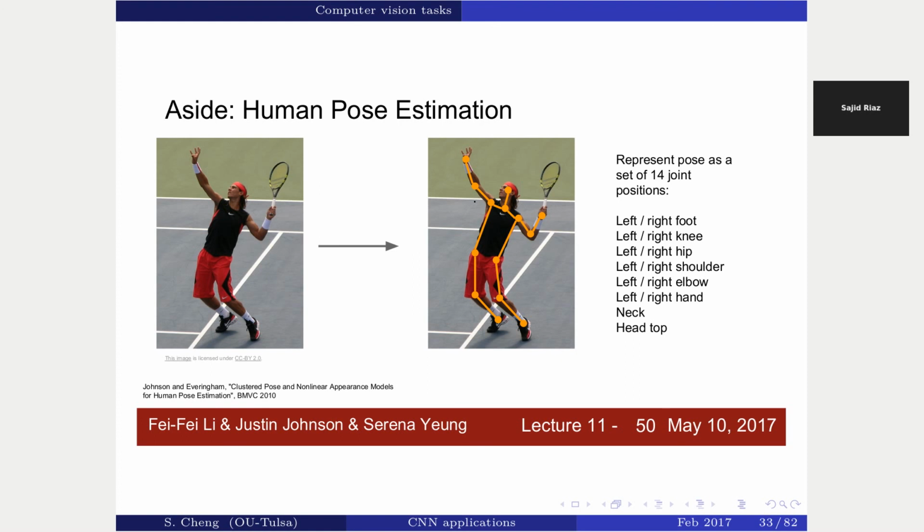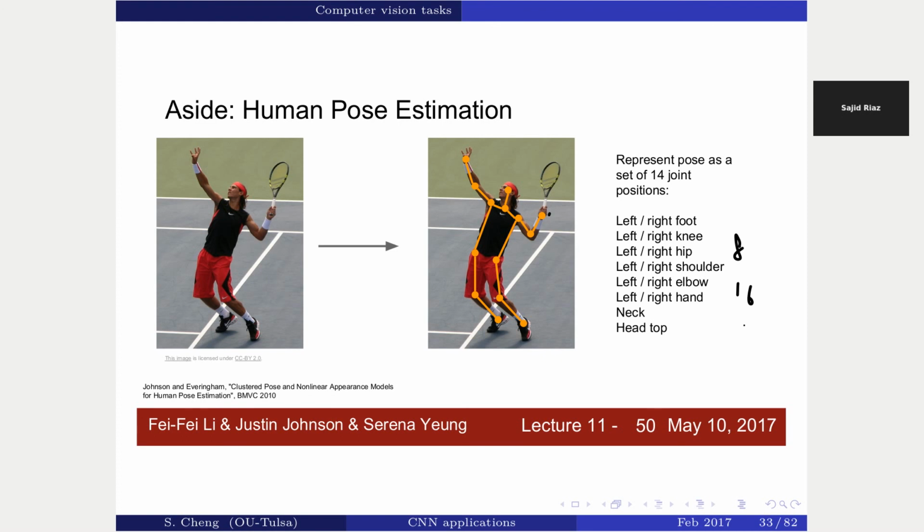Then I can try to do a regression again to find all these key point locations. So I will have another head containing, in this case, maybe 8 coefficients, and I try to do a regression to fit these values to the locations. Actually, it should be 16 because each of them has 2 values.